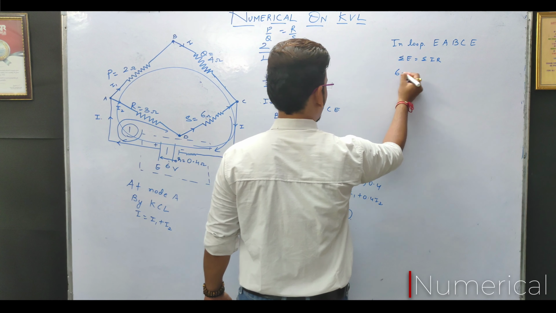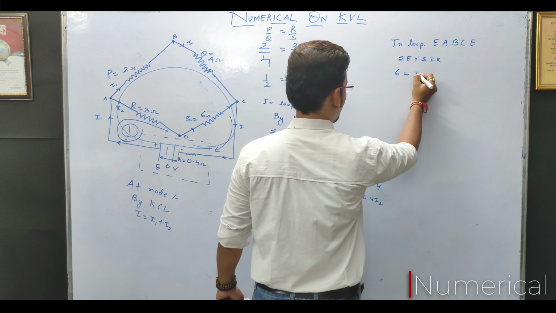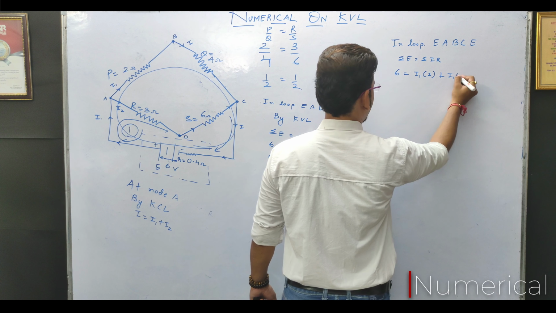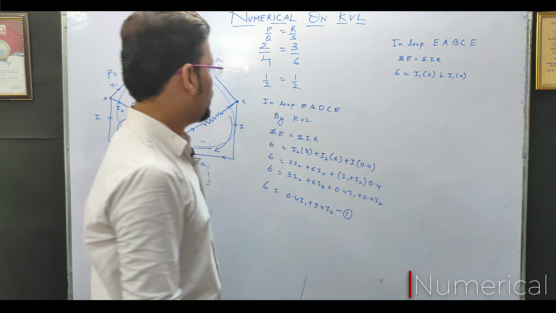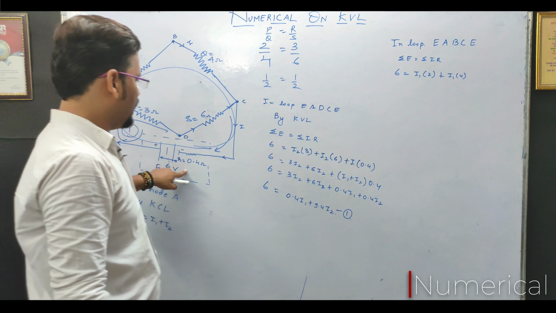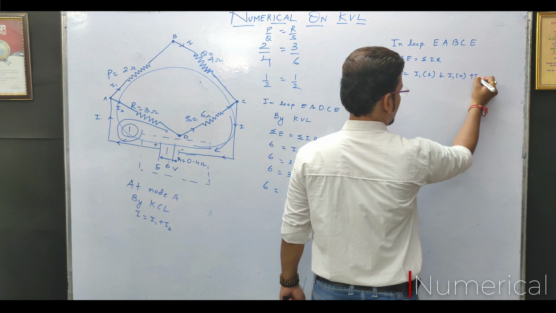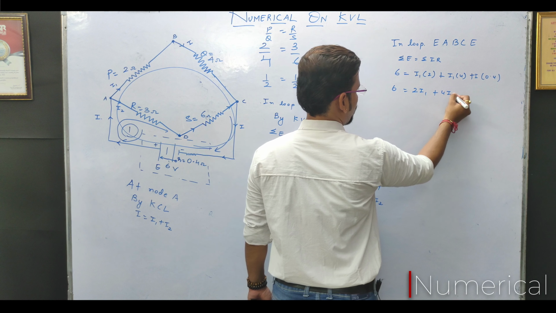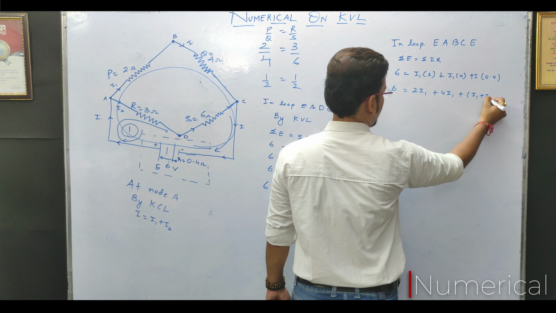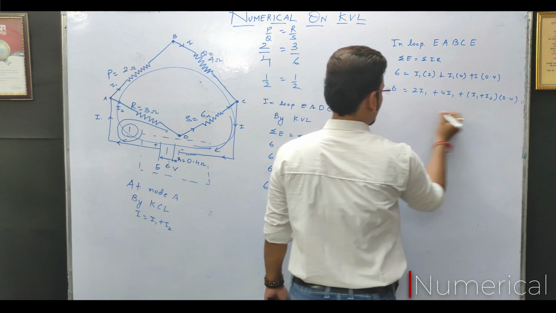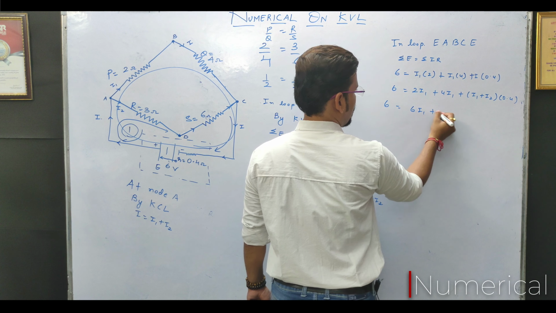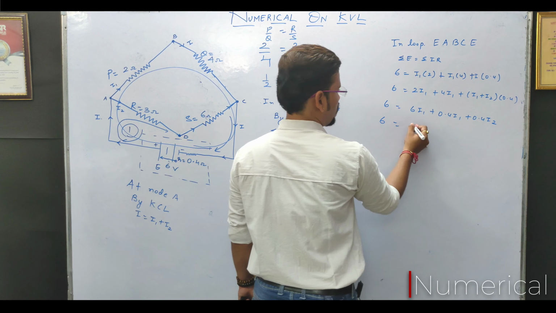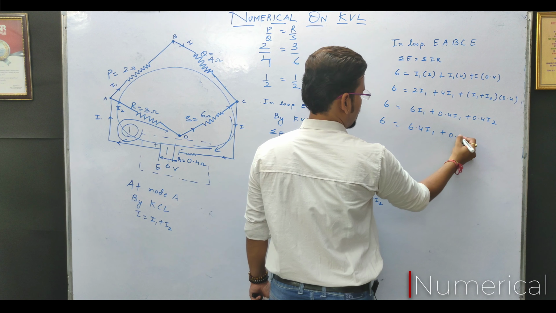Sigma E, 6, is equal to I1 into 2 plus I1 into 4. Loop direction and current direction are the same, will be taken as positive. And then moving ahead, I into small r means I into 0.4. 6 is equal to 2I1 plus 4I1 plus I, which can be written as I1 plus I2, into 0.4. So 6 is equal to 6I1 plus 0.4I1 plus 0.4I2. 6 is equal to 6.4I1 plus 0.4I2.